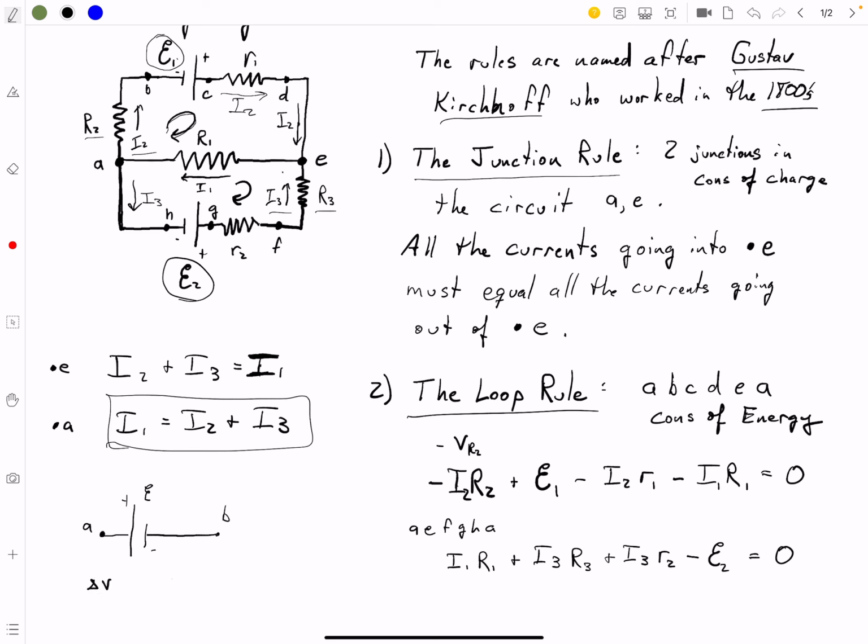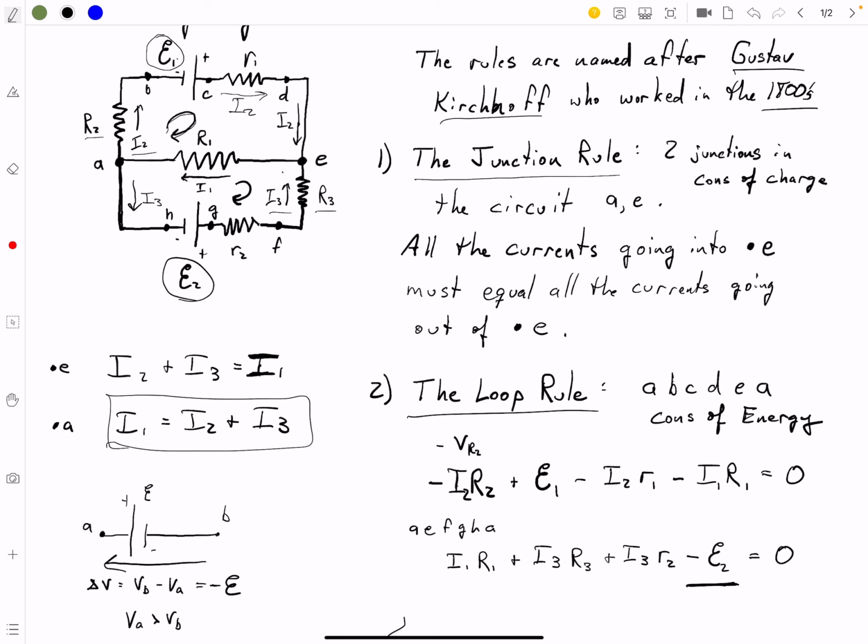Delta V is equal to VB minus VA. But in this case, that equals our EMF, VA is greater than VB, meaning that this EMF has to be negative. Because we went this way across that EMF, we had to make it negative.